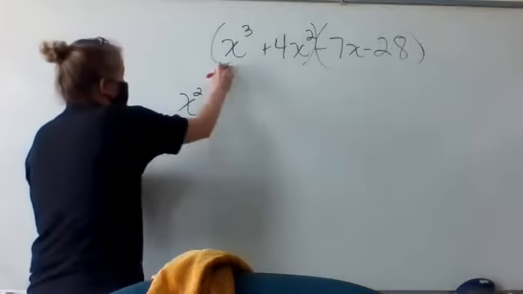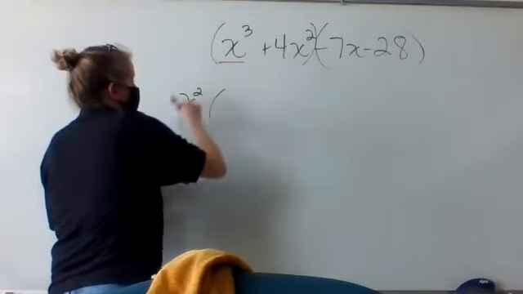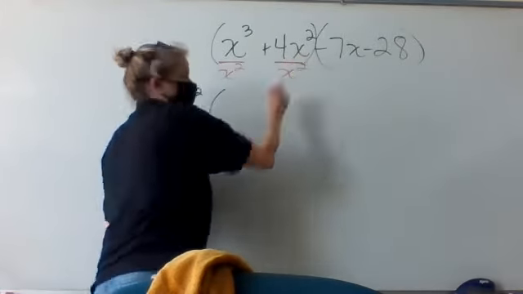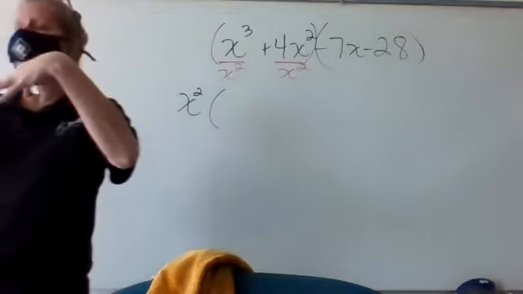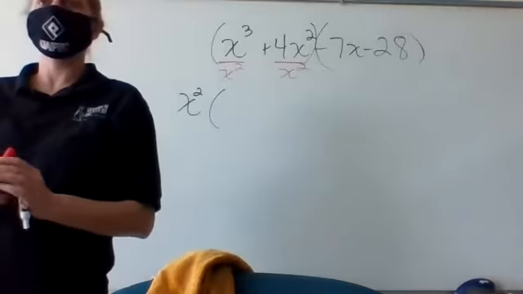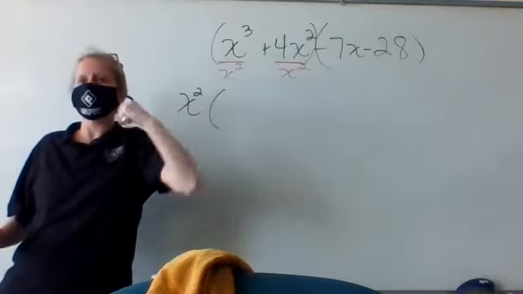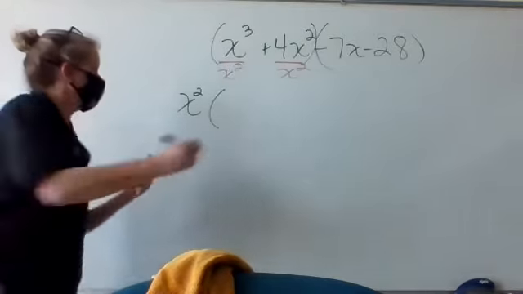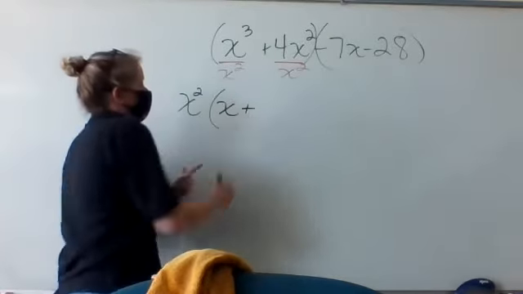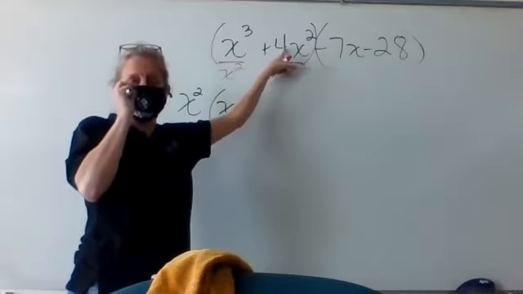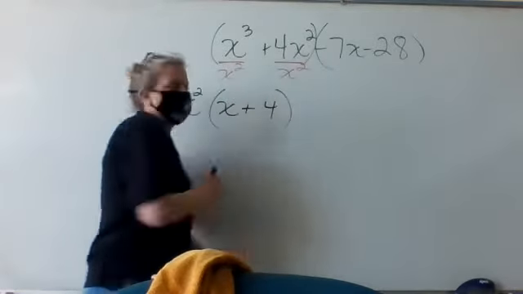Remember how you find out what's left: whatever you pulled out, the x squared, you divide by it and put in parentheses what's left over. If I had x cubed and I pulled out x squared, what's left? Just an x. Plus 4. If I pulled out the x squared, the only thing left of this term is the 4.